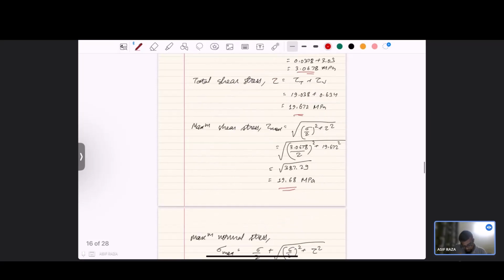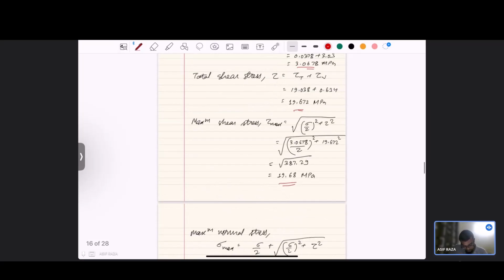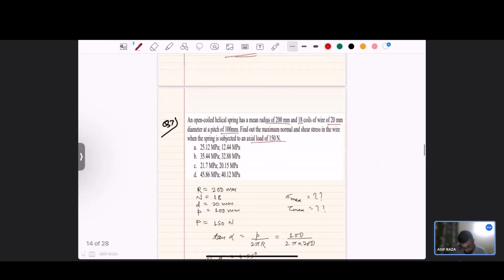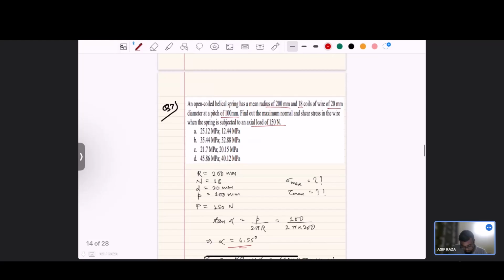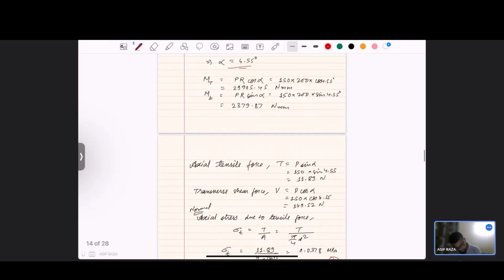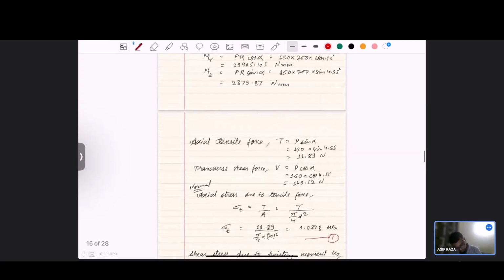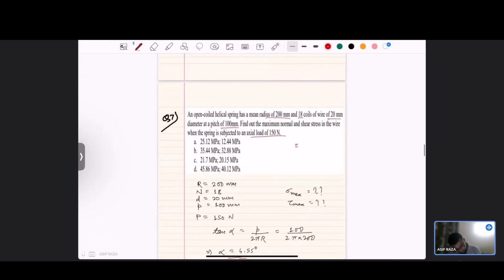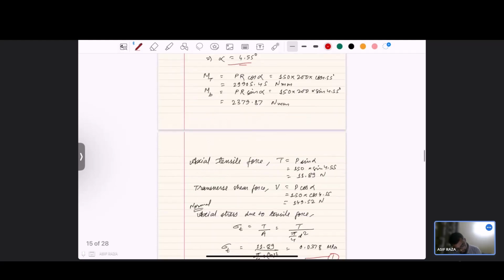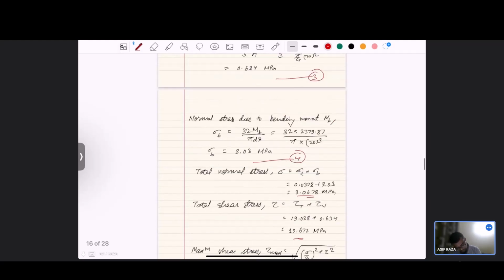Yeah, so the normal stress is 21.21 and the shear stress is 19.68.